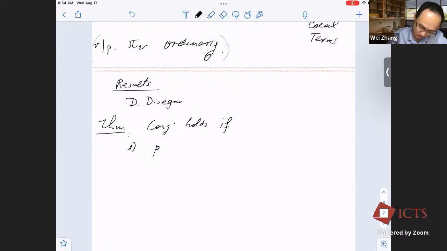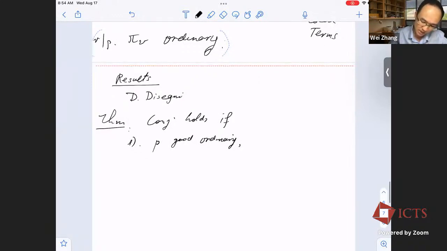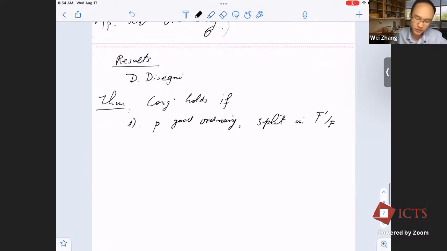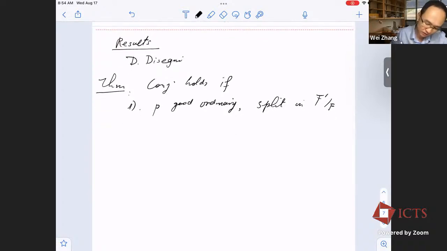One, p is good ordinary, meaning all the places above p, the local representations pi_v are unramified. Plus, the ordinary condition, the Hida's operator acts by a p-adic unit. And also all the places above p are split in this quadratic extension. So all the p-adic places are split. So we can only treat the split case.